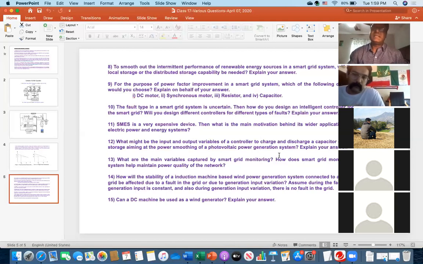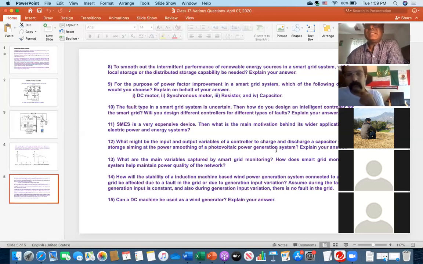In this case, you want to put a capacitor energy storage with the photovoltaic system because your aim is to provide smooth power. Because you need charge and discharge and an appropriate controller, what should be the input variable and what should be the output variable?